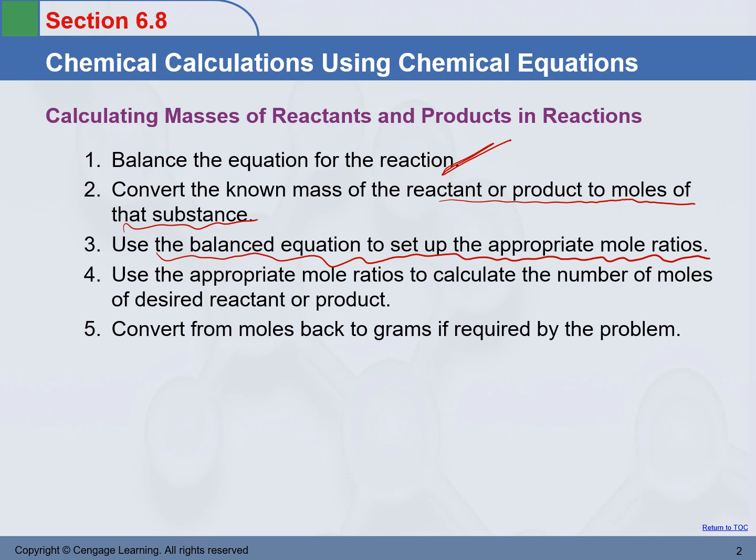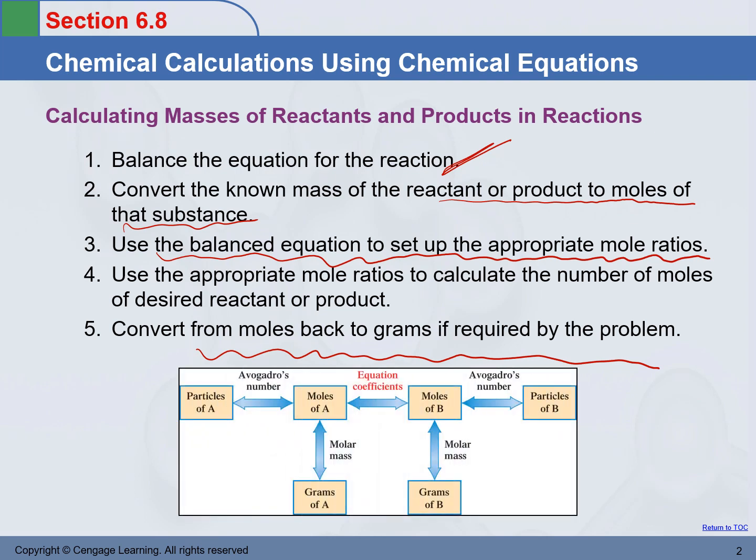And then if the mass is wanted, you convert from moles back to grams. That's what we just discussed on the last slide. Grams to moles, moles to moles, moles to grams. This is what the above procedure is talking about.